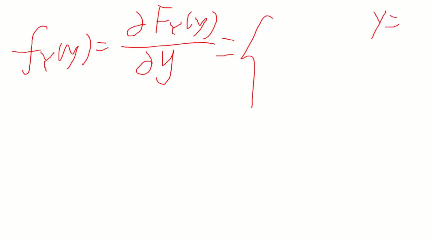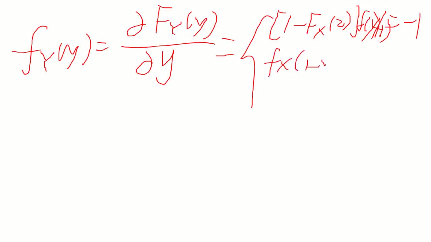It equals, when y equals minus 1, 1 minus capital F x of 2, times delta y plus 1, and it equals f x of 1 minus y for y greater than minus 1 and less than 0.